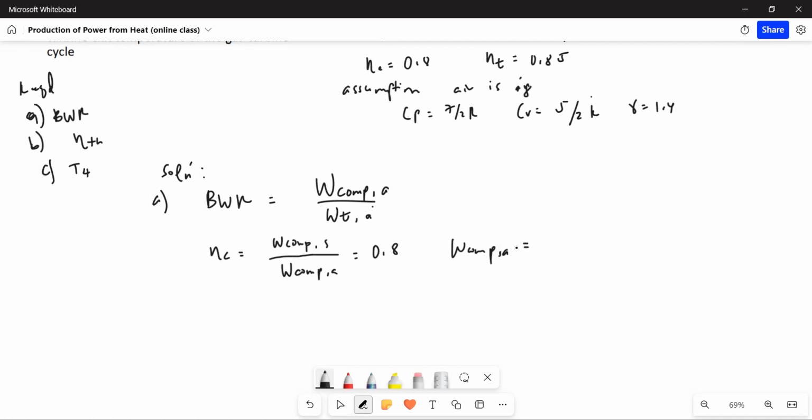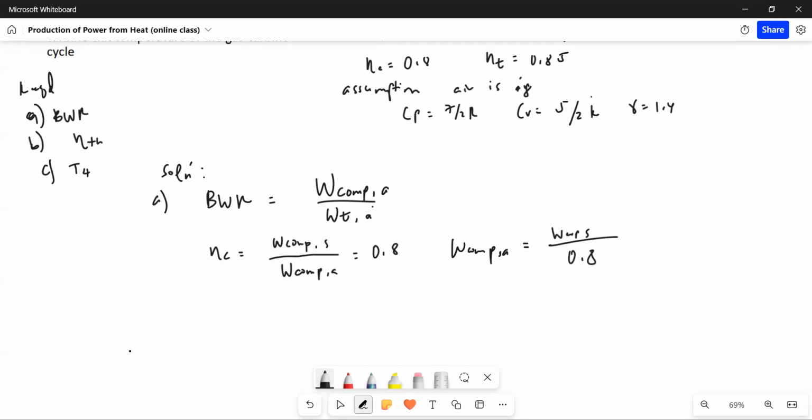It's simply the work of the compressor, ideal, over 0.8. So how do we solve for the work of the compressor, ideal, or the isentropic work?